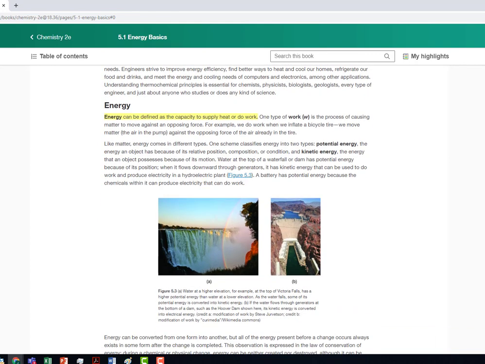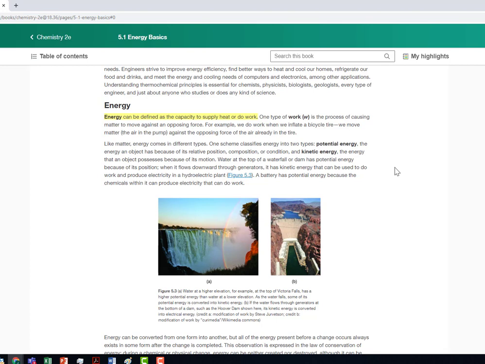We can think of energy as falling into a couple of categories. In fact, we can essentially put all energy into one of two categories. Those are potential energy and kinetic energy, and we're looking at those here. Potential energy is energy that something has based on its position, and that could show up in a variety of ways.